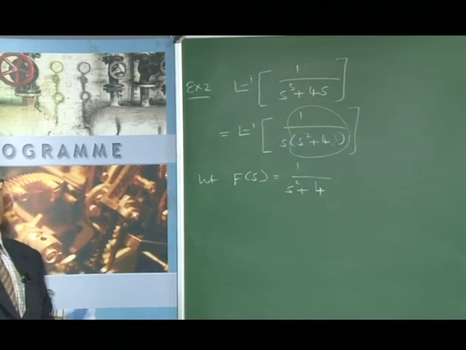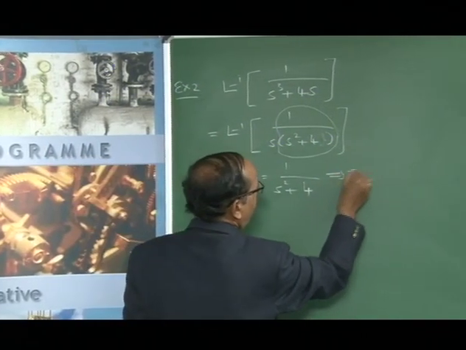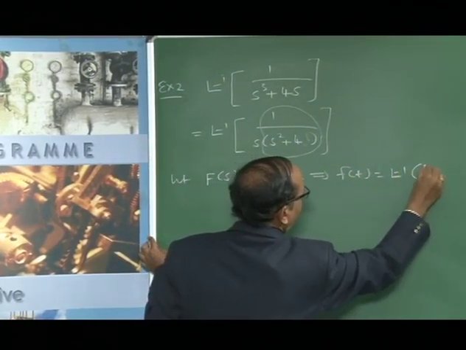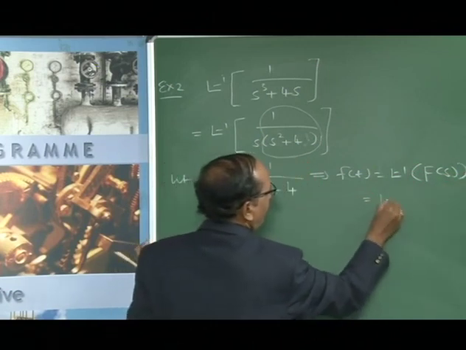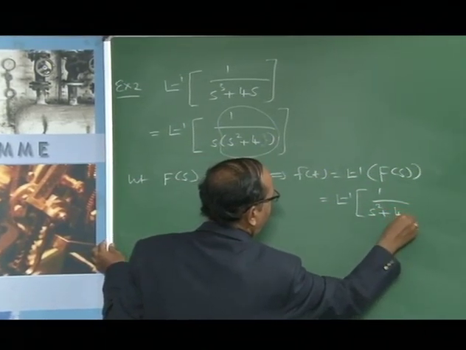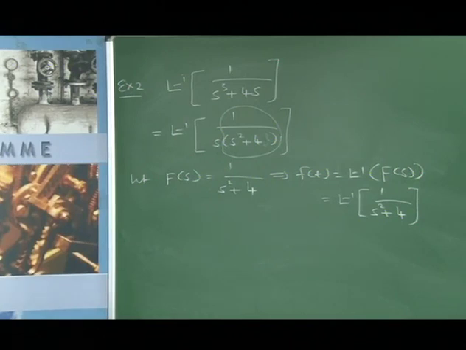If the inverse of that F of s is not known, we do not consider that F of s. So, for F of s I know the inverse. So, f of t is L inverse of F of s, that is L inverse of 1 divided by s square plus 4. That is compared with the standard one, which is similar to the sin at form.